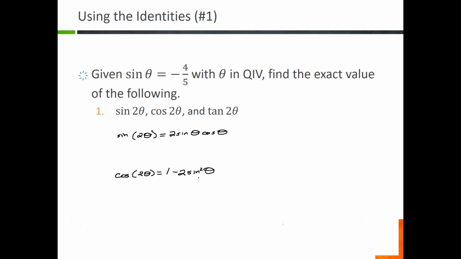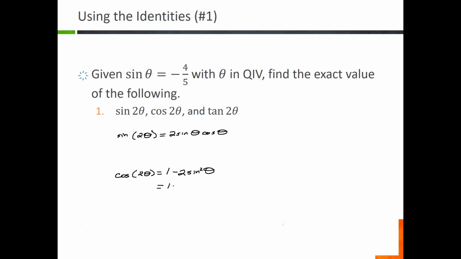So I can already compute this without doing any extra work because I already know what sine theta is. Again, to do the sine of 2 theta, the first part of the problem here, we need to know cosine, so we'll come back and do that one in a minute. But here, if cosine of 2 theta is 1 minus 2 sine squared theta, we already know sine and we could compute that pretty easily.